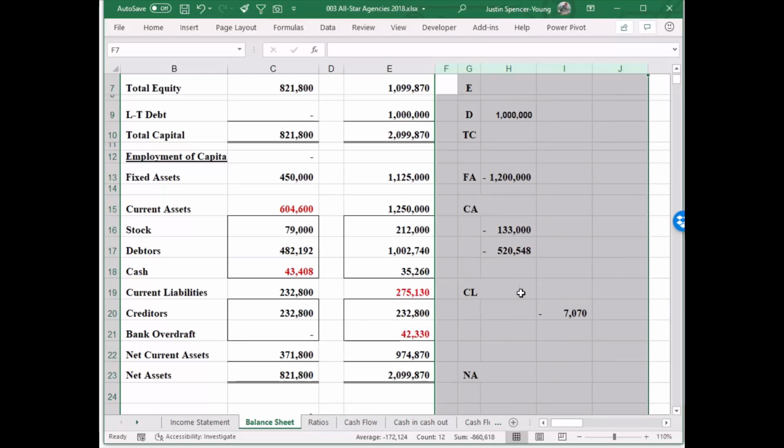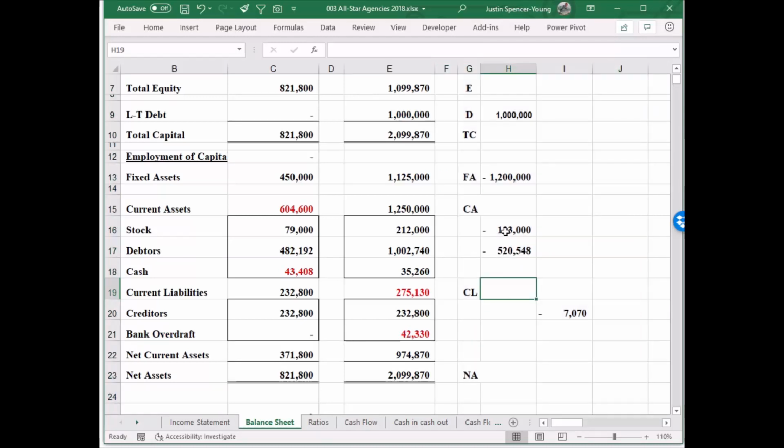Well, it's the difference between the two. So you'll find some numbers that I've put in here on the right hand side that have done this calculation for me, and there you see it's simply the one minus the other, and I've got a negative sign there because I said 212 minus 79, and that gave us an outflow of 133,000.